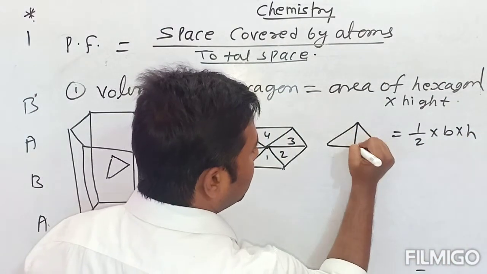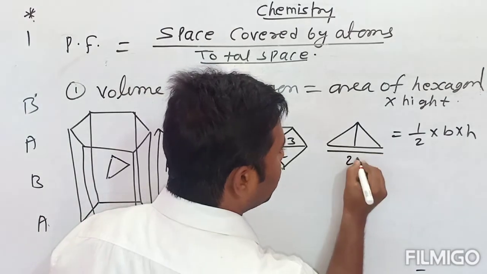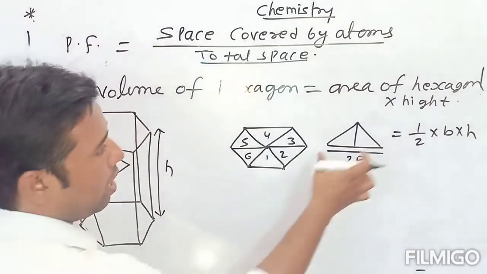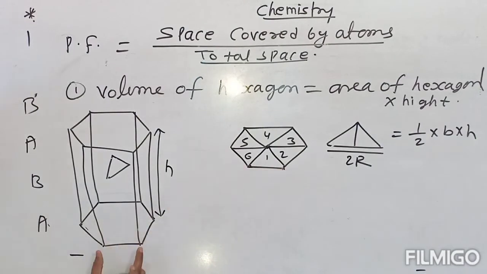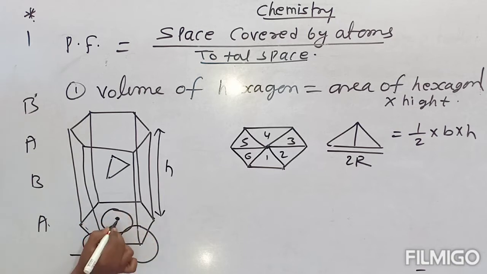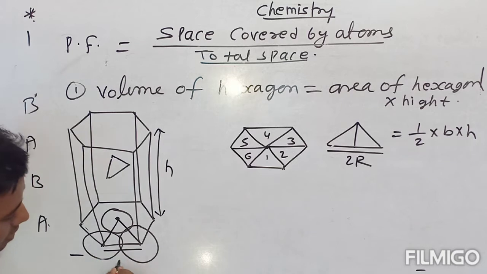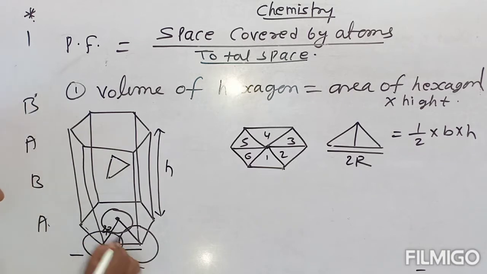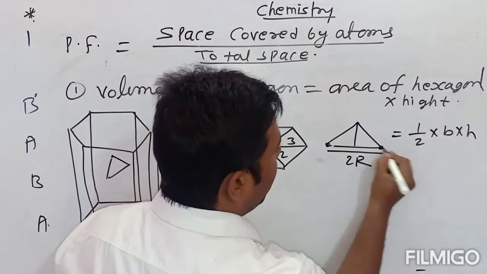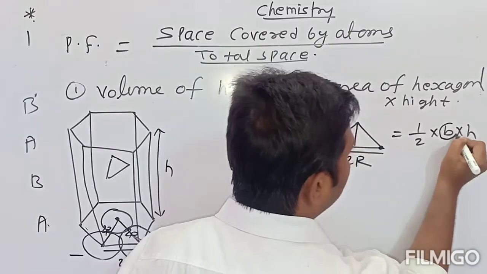The total base is 2r. One atom is present here, one atom here, and one atom at the center. So this length is 2r. So the base is 2r.